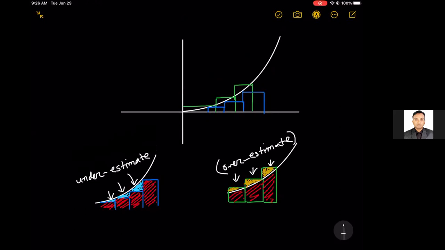Because you'll definitely see questions like this in the homework and in the exam as well. Okay, a graph will be given and you'll be asked whether it's an underestimation or overestimation. So my question now is, can you eyeball the graph and say whether it's an underestimation or overestimation?